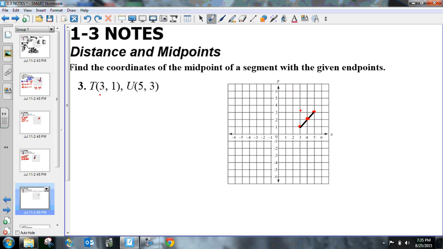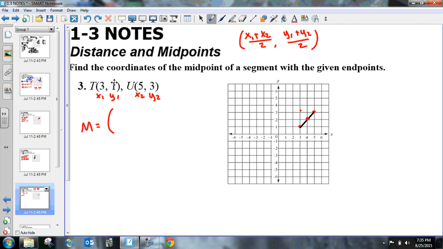Let's call this x sub 1, this y sub 1, this x sub 2, and this y sub 2. My midpoint, M, that's what we'll call it for right now, is equal to, and remember our midpoint formula, guys, x sub 1 plus x sub 2 over 2, and then y sub 1 plus y sub 2 over 2.